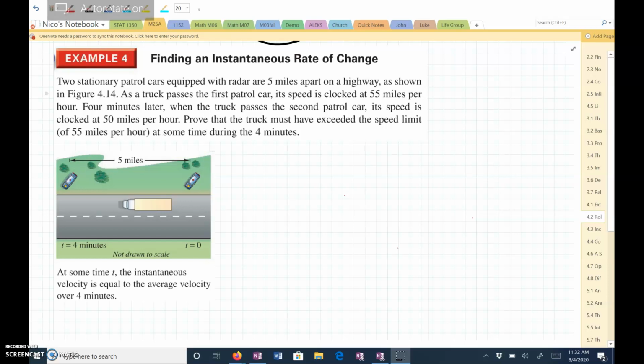Example 4: two stationary patrol cars equipped with radar are 5 miles apart on a highway, as shown in the figure. As a truck passes the first patrol car, the speed is clocked at 55 miles per hour.